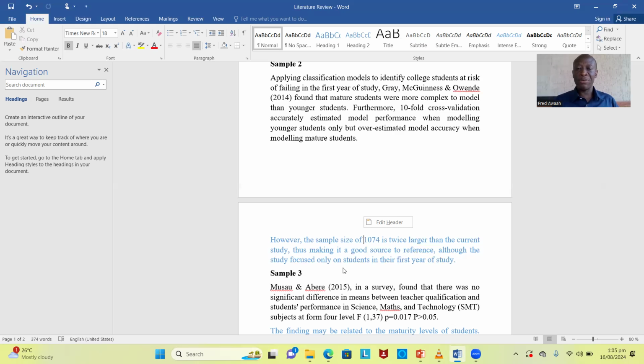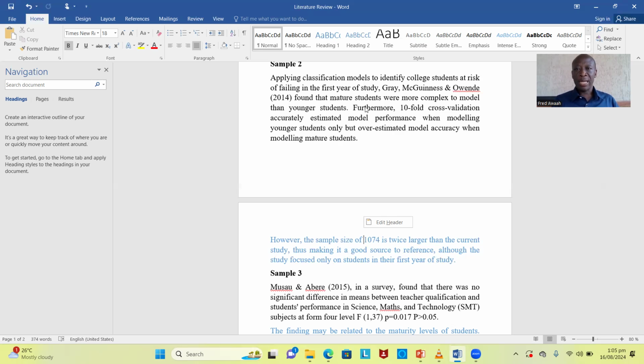So you note that the author noted that the sample size of 1,074 is twice larger than the current study, thus making it a good source to reference, although the study focused only on students in their first year of study.